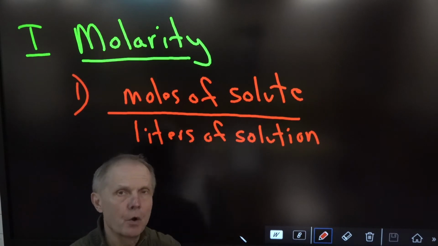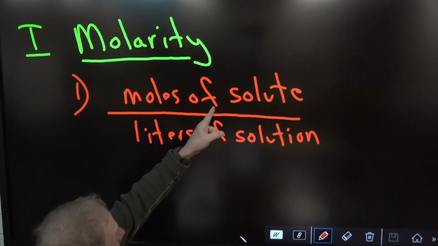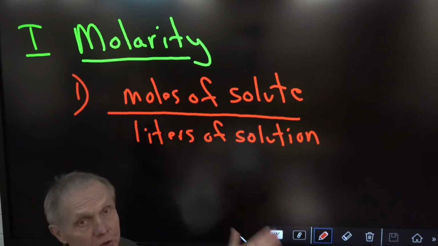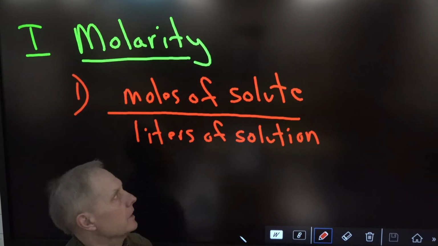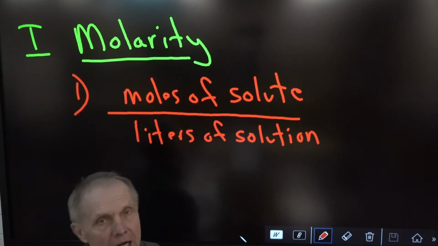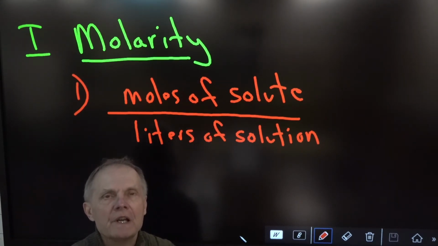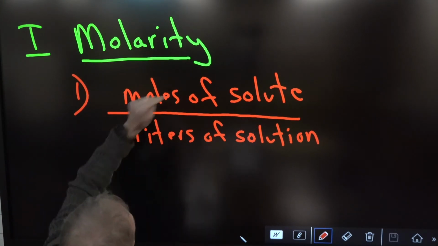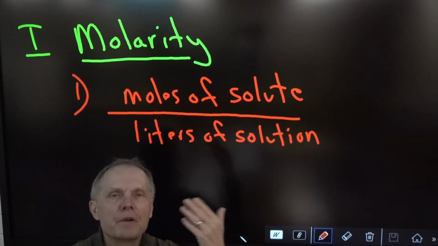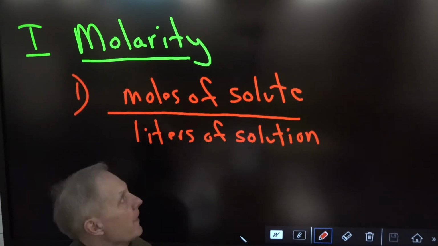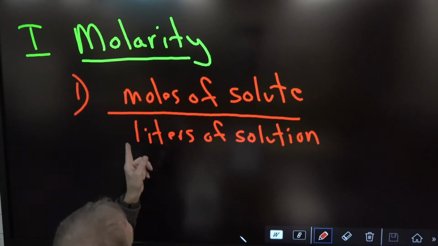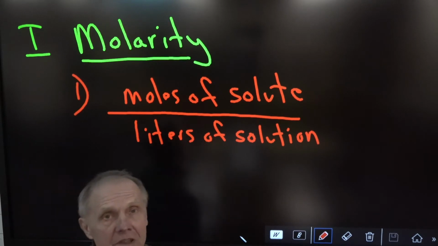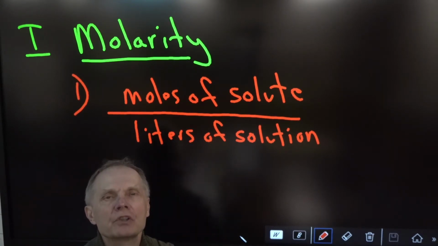It's kind of like part over whole, because the solute would be like the salt, and that's the part, and the solution would be the salt and the water. So this is basically part over whole. And the biggest mistake students make is, if the question gives you grams of solute, you can't put grams on top. You have to convert it to moles, then put it on top. And if the problem gives you milliliters of solution, you can't put milliliters down there. You must convert it to liters.